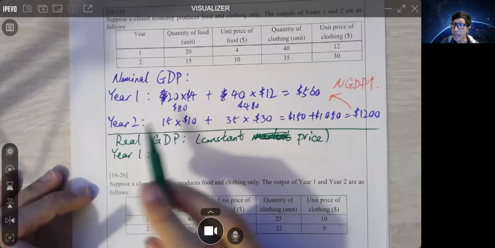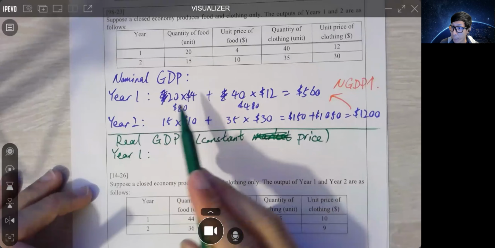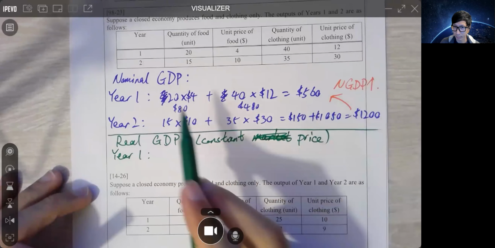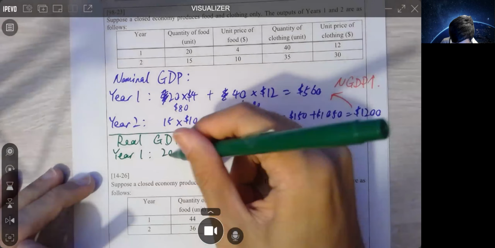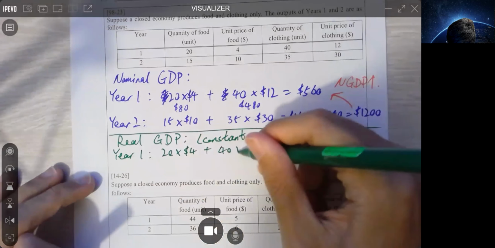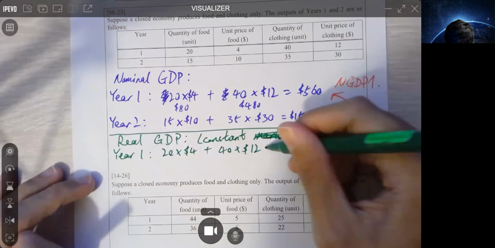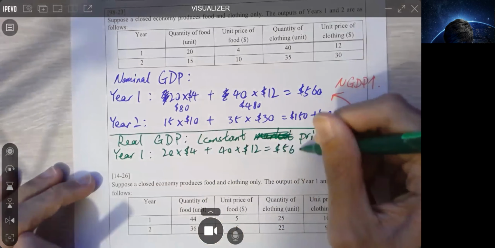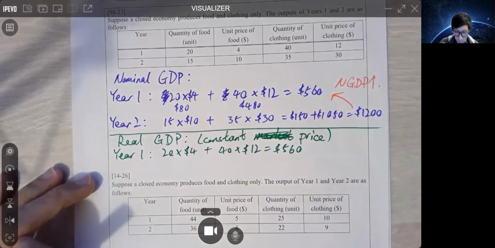So again, year 1 is constant, then the price should be the same, right? It's also 20 times 4 plus 40 times 12, which we already know is 560. What about year 2?